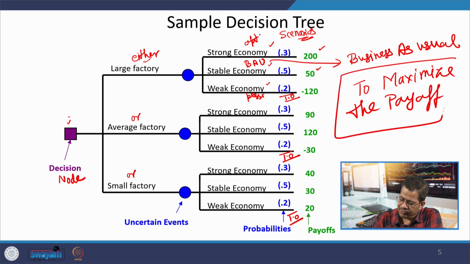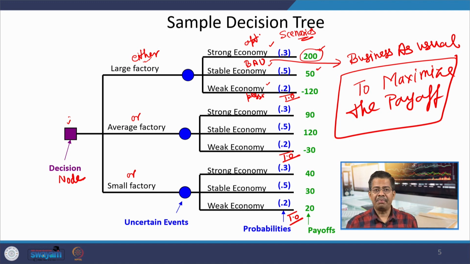This is what I want, and for that purpose, if you see simply, I would like to open a large factory, because if the economy is going to be strong, I will get the highest payoff of 200 rupees. But what if the economy is weakened, then probably I will take a loss of 120 rupees also.